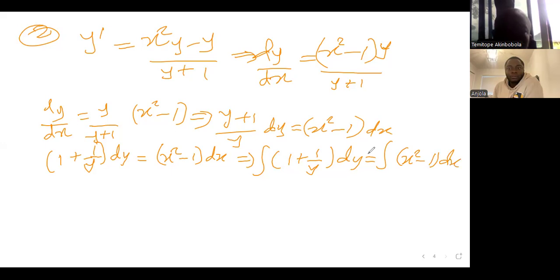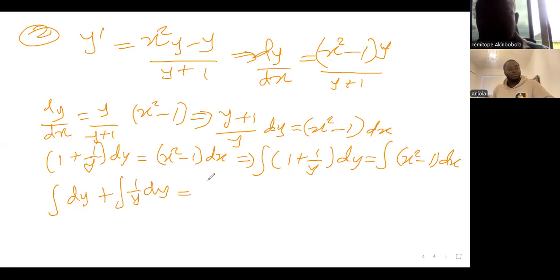Now quickly write this, because we have 10 minutes left. Quickly write that. Separating the integral, you have integral of dy plus integral of 1 over y dy equals integral of s squared ds minus integral of ds.